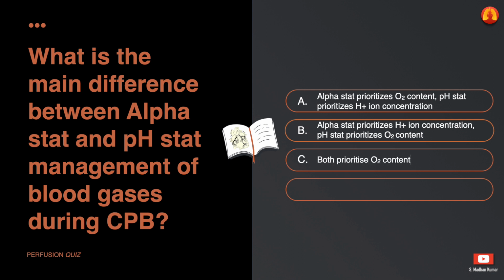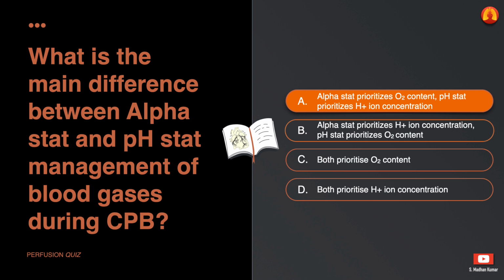C. Both prioritize O2 content. D. Both prioritize hydrogen ion concentration. The correct answer is alpha-stat prioritizes O2 content, pH-stat prioritizes hydrogen ion concentration.